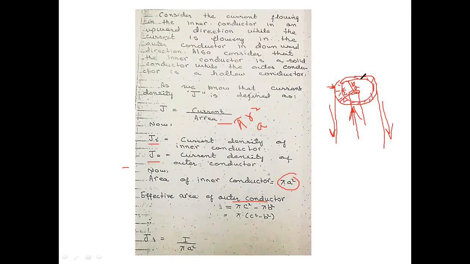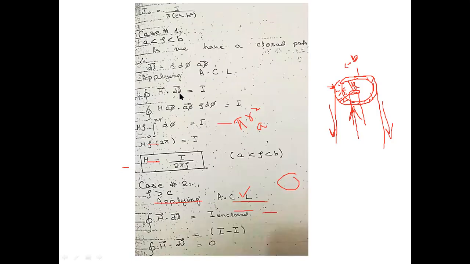That is the outer surface minus the inner surface, so pi c square minus pi b square. Taking pi as common, pi into c square minus b square is the effective area of the outer conductor. Then J naught will be equal to I over pi into c square minus b square.